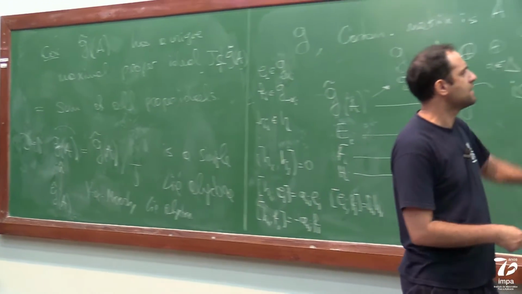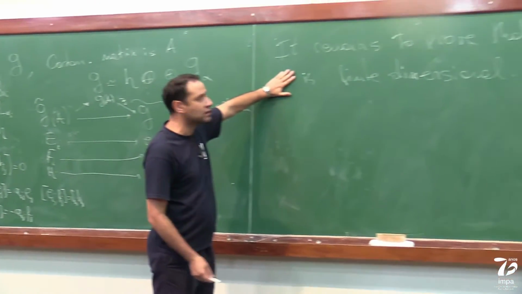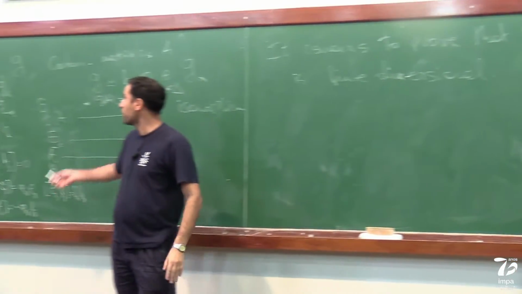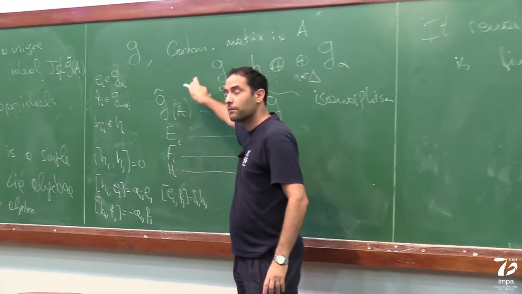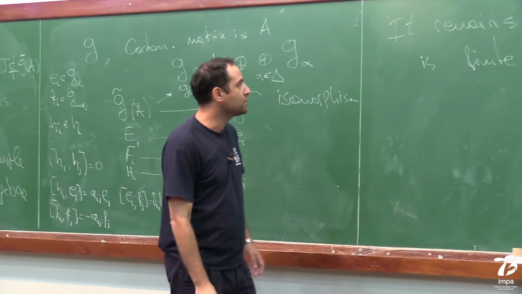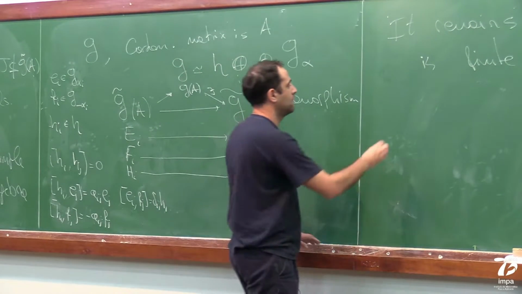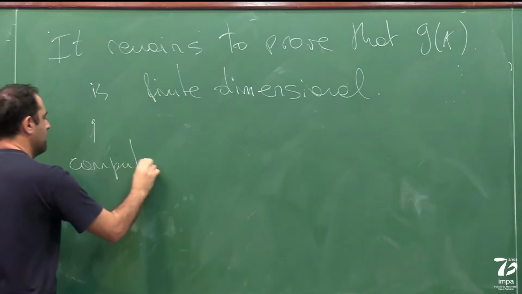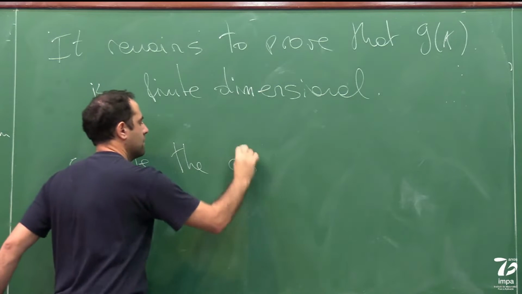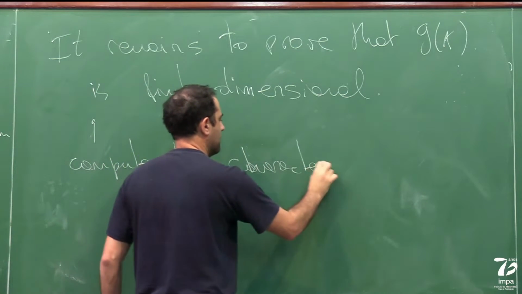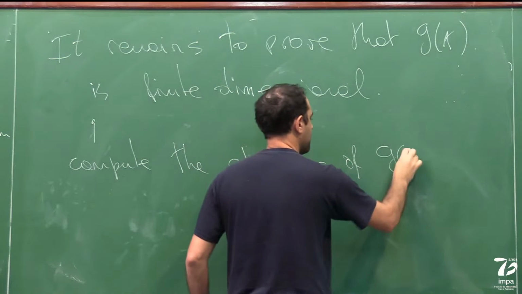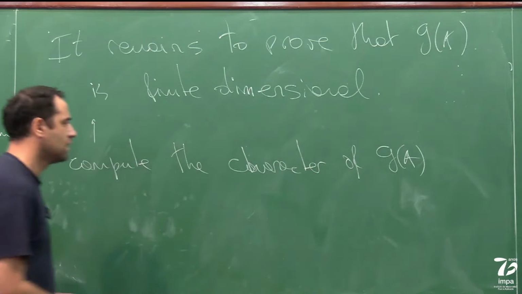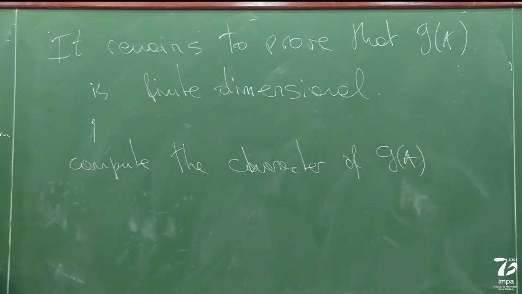The last comment is that in order to prove that g of A is finite dimensional, so that would finish the proof that these Lie algebras exist, what you do is you compute the character of g of A. So to do this, you compute the character of g of A as a g of A module, and then you check that that character satisfies the composition, which is called the Weyl character formula.